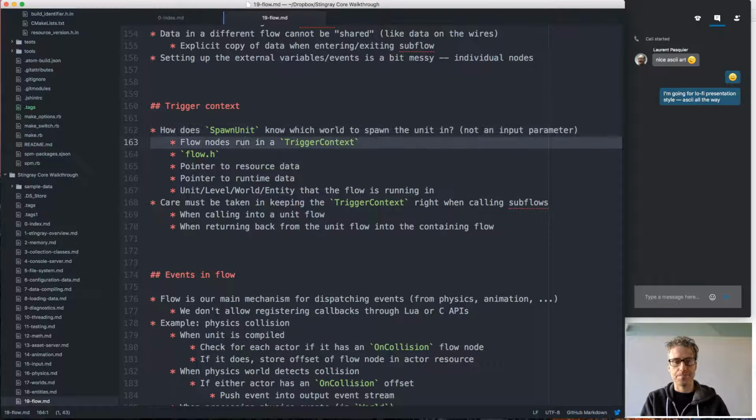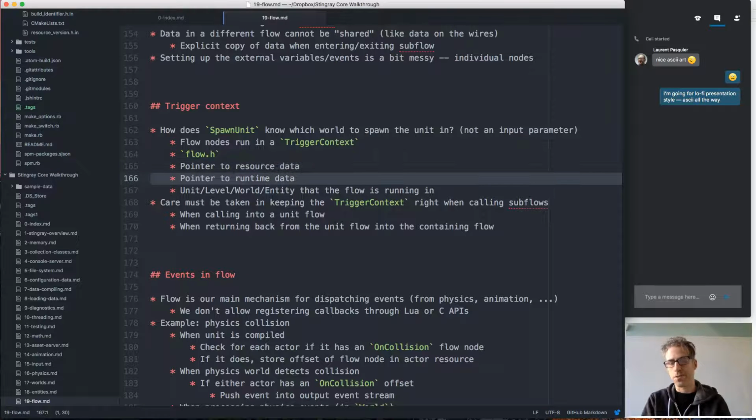The answer is that when we run the flow nodes, we run them in some kind of trigger context. It's called a trigger context. It could be called flow context or whatever, but it's the context in which we first triggered something in flow. And this trigger context contains a pointer to the flow resource, so we know the resource that we're executing.